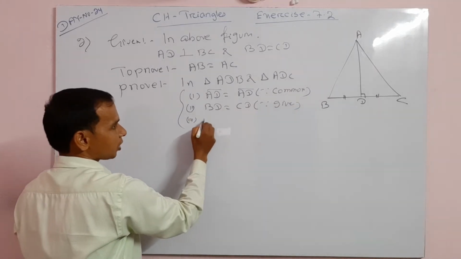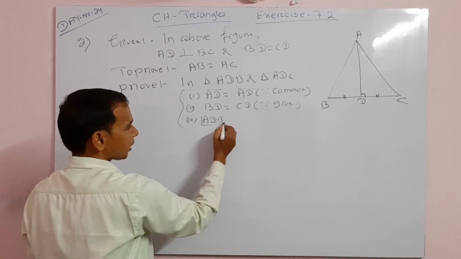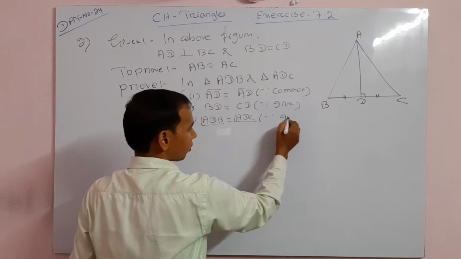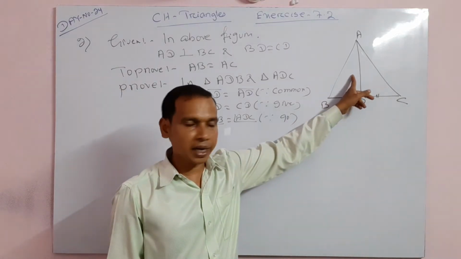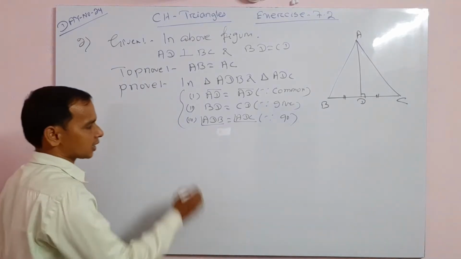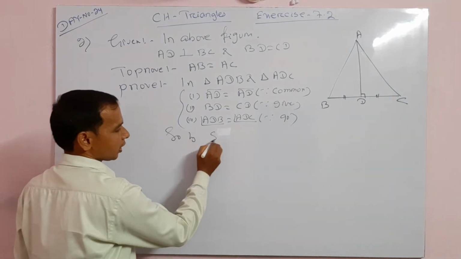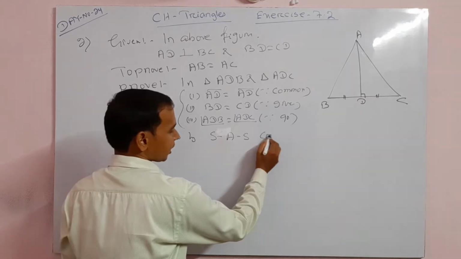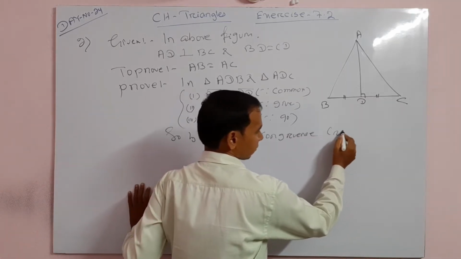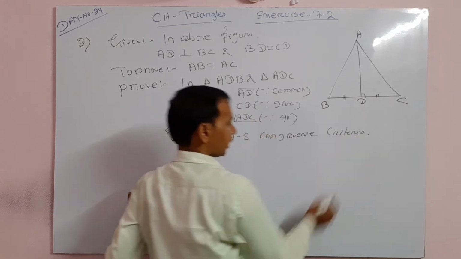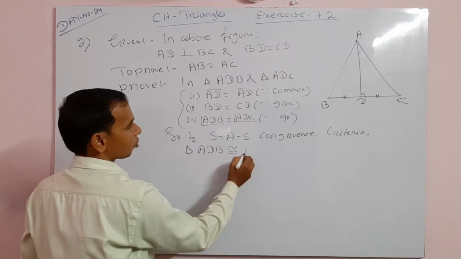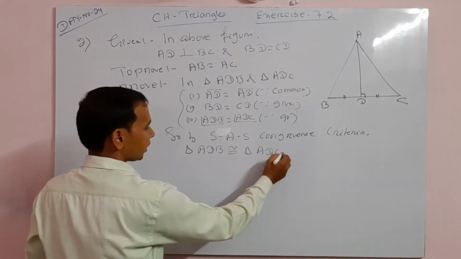Then third option here, ADB angle equal to ADC angle because of 90 degrees. This one side, then this one angle, this one side. So by side angle side congruence criteria, triangle ADB is congruent with the triangle ADC.